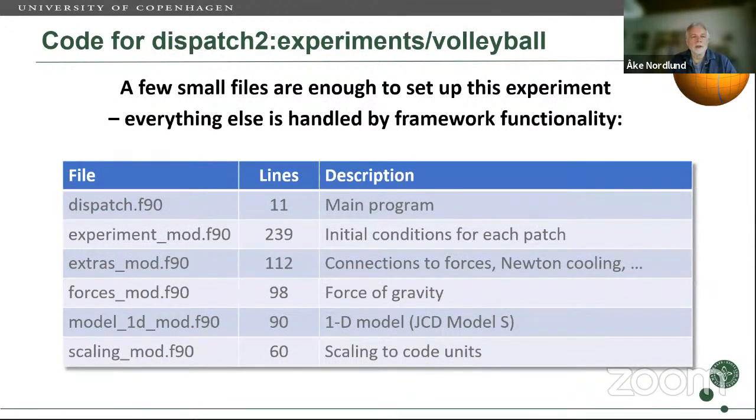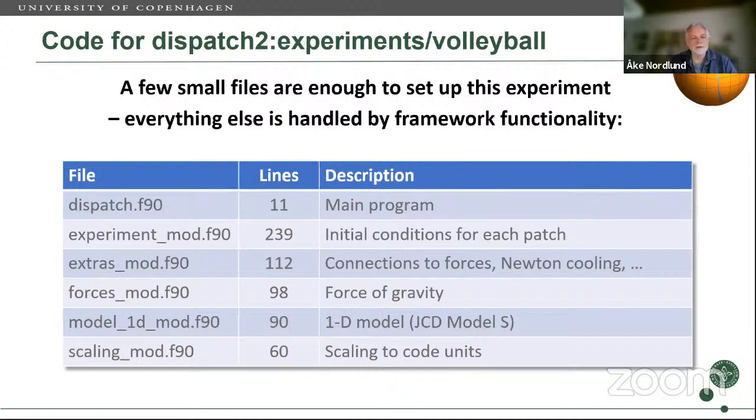And just as an illustration of how easy it is to implement an experiment, this particular experiment with the volleyball geometry requires only these extra files.